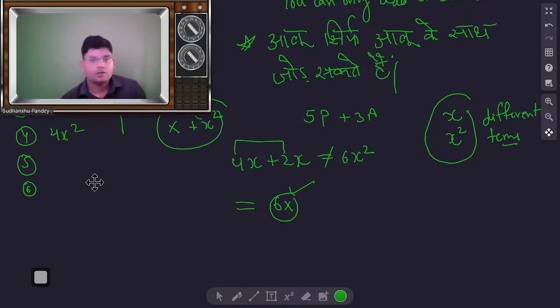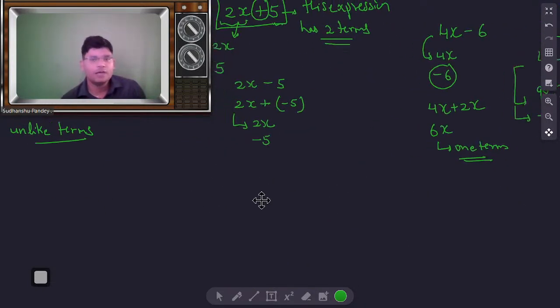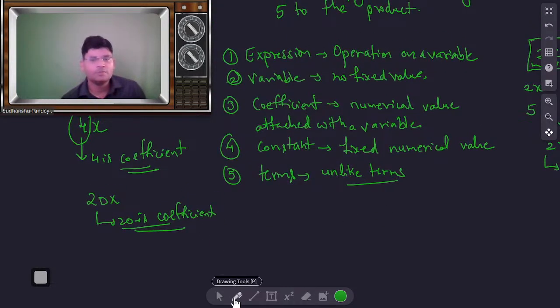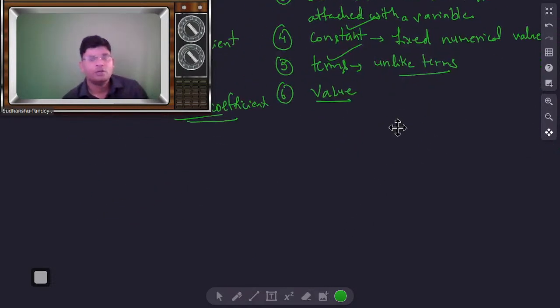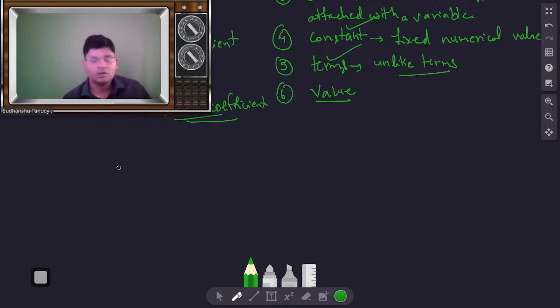So till now what else have we understood? We have understood what is an expression, what is a variable, what is a coefficient, what is a constant, what are terms. Now there is one more thing, value. An expression has some value. For different numbers it has different values. Suppose I am writing an expression 2x plus 5.